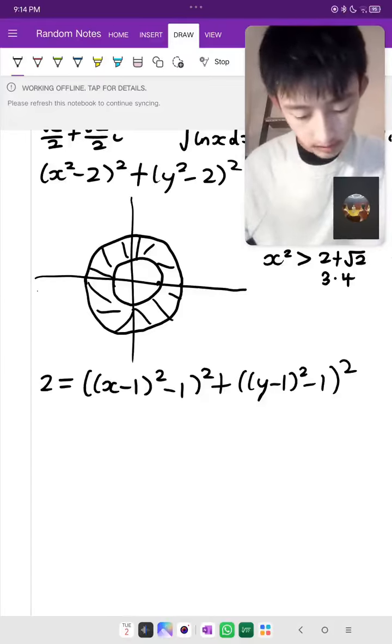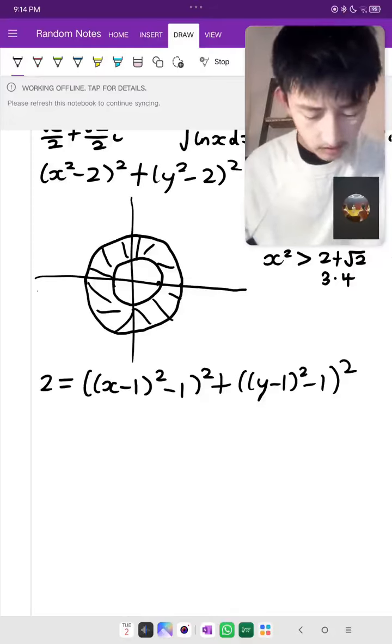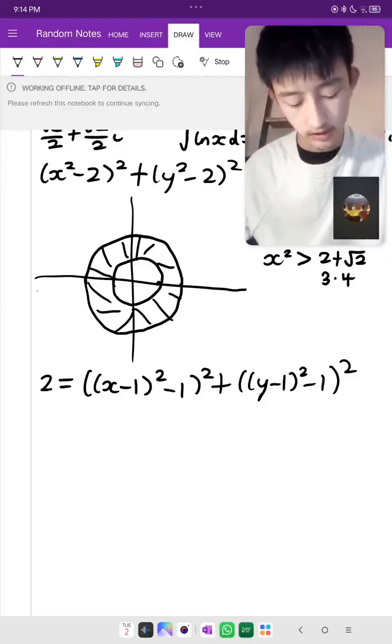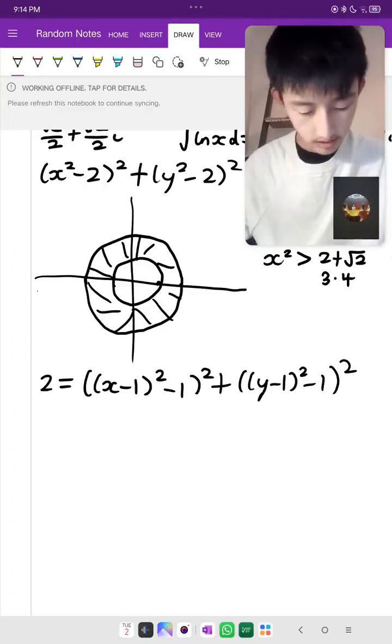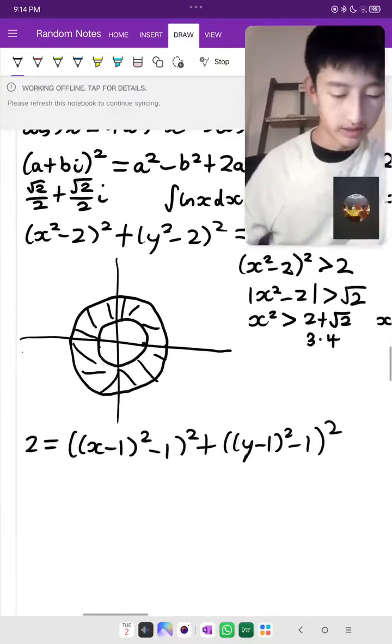It's a translation of this circle? Actually no, I don't think that's how that works, because we're squaring and then squaring again. So, okay. I'm probably going to expand these brackets then.